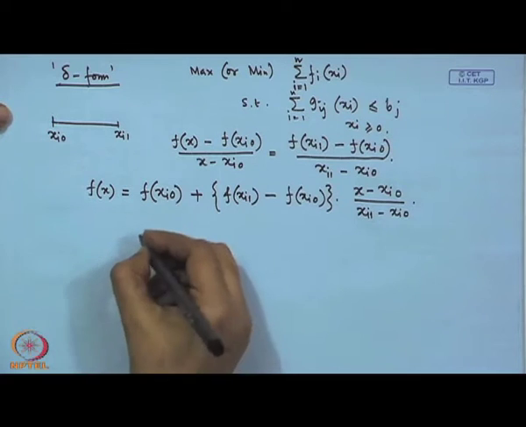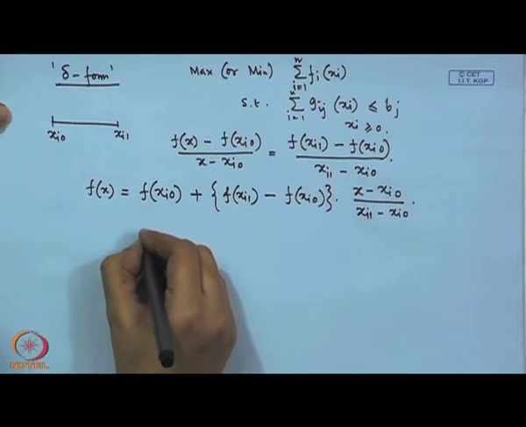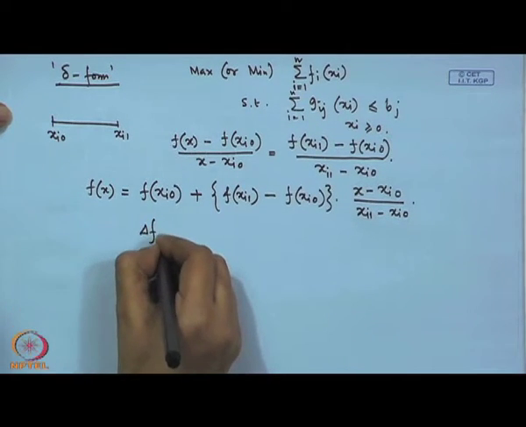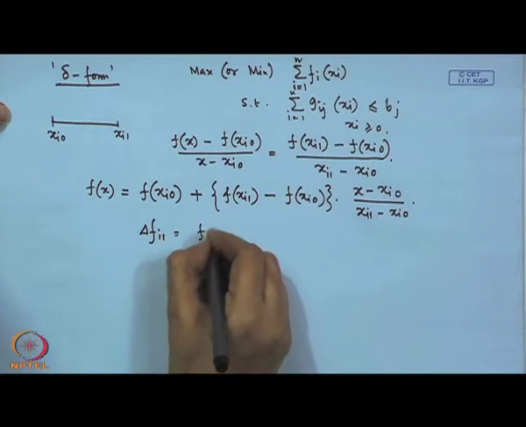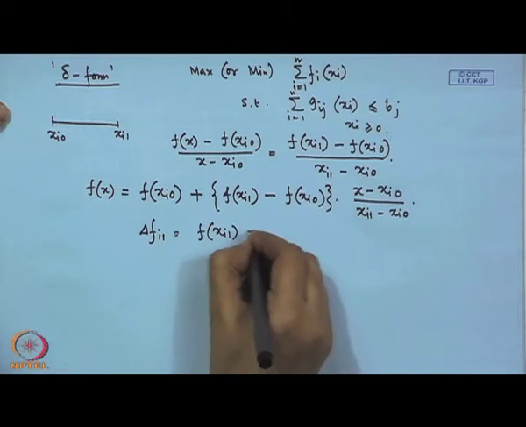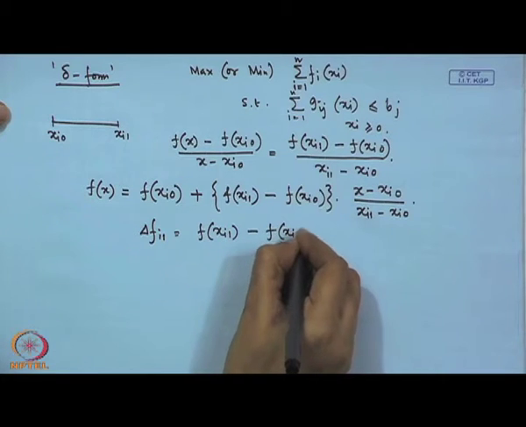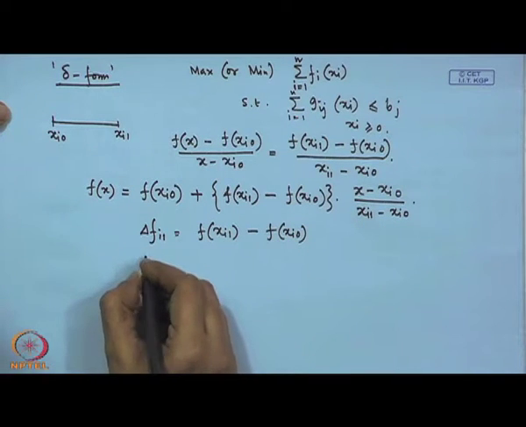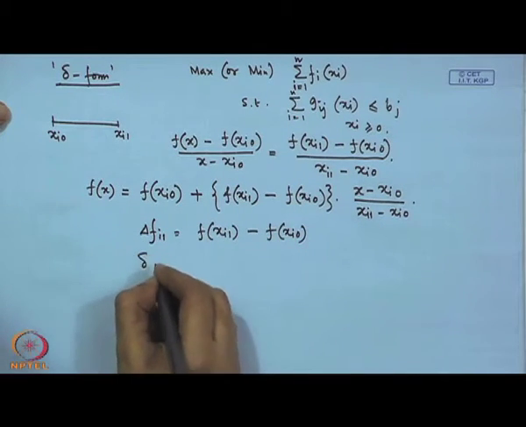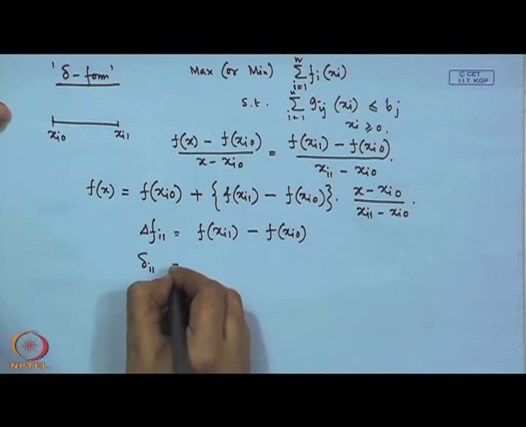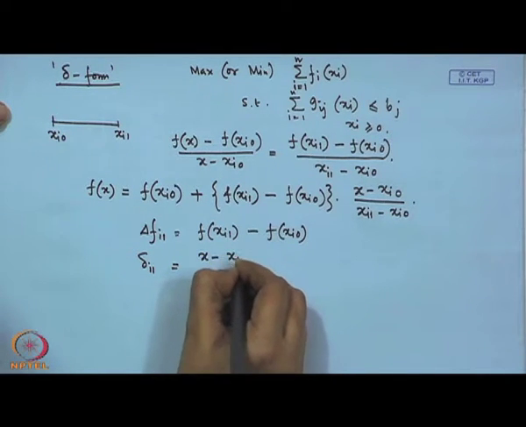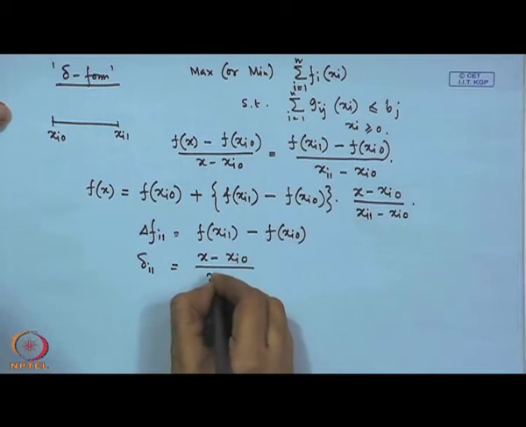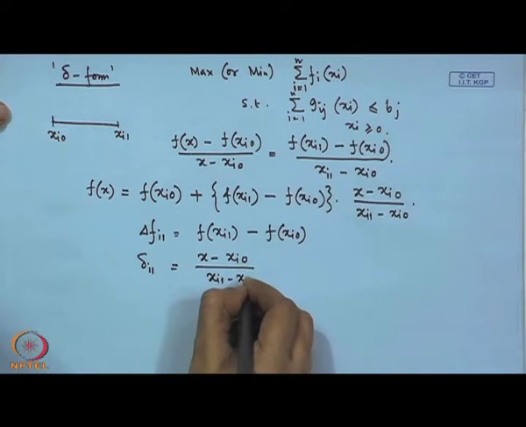Let me consider del fi1 is equal to f xi1 minus f xi0, and del I1 as x minus xi0 divided by xi1 minus xi0.